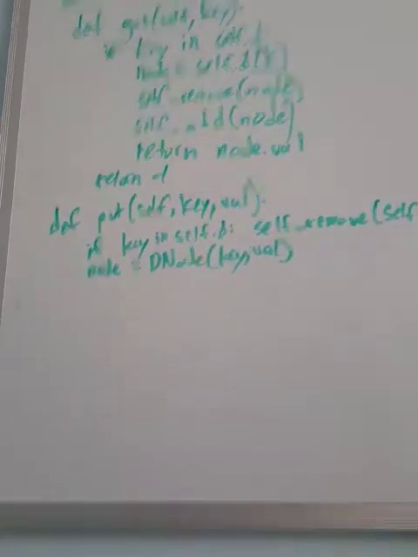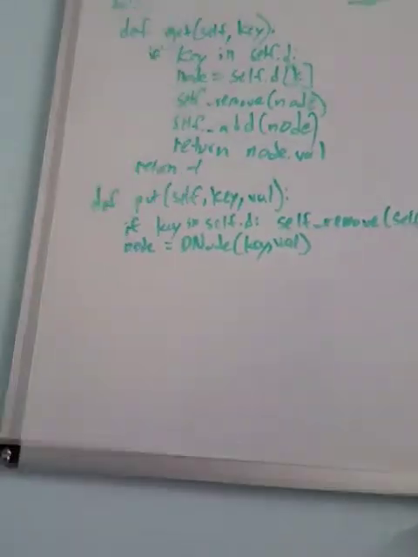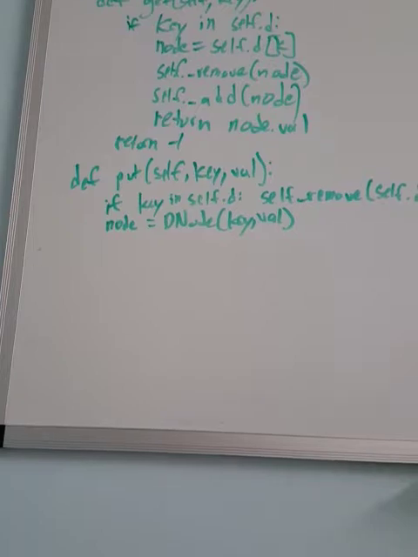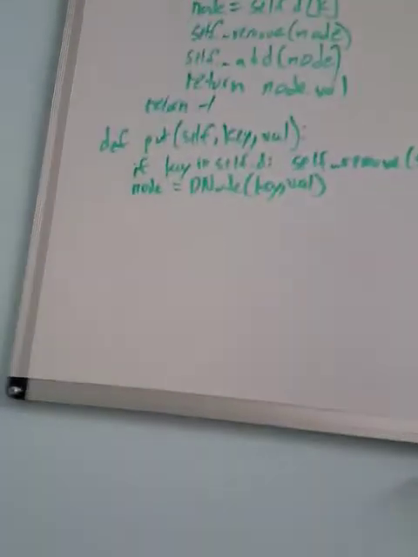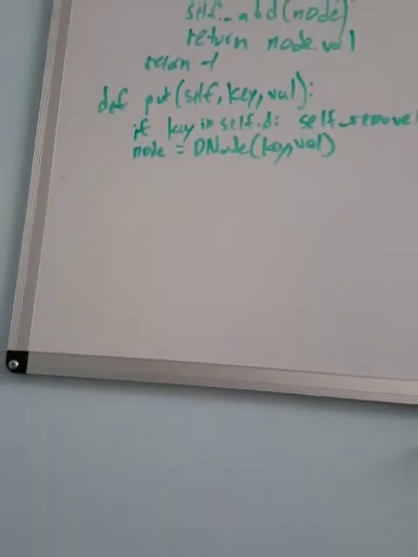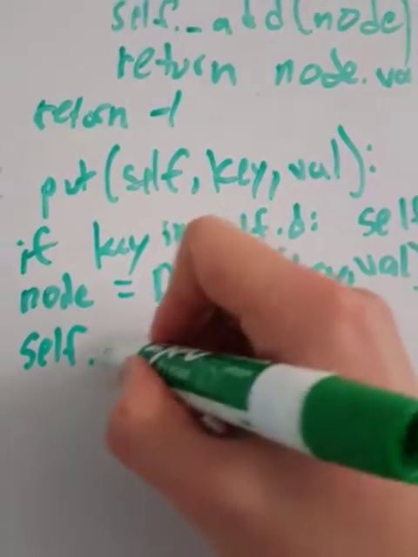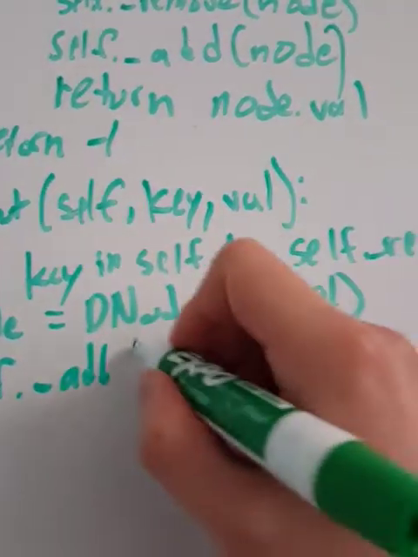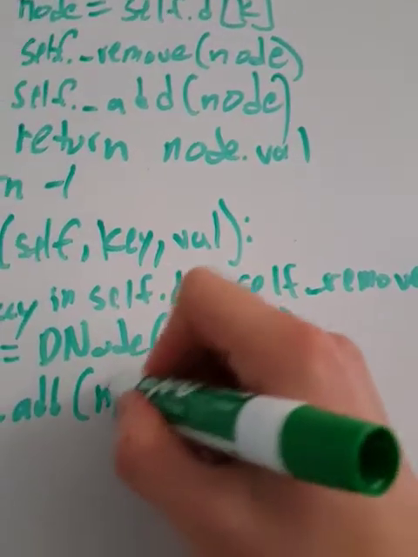So if key is in self.d, then we're removing it because we just saw it. And then after that, we're going to create a node with that key and value that we were just given. Yeah, and then we'll add it. So self.underscore add, and that add just takes in a node. So we'll add that node.